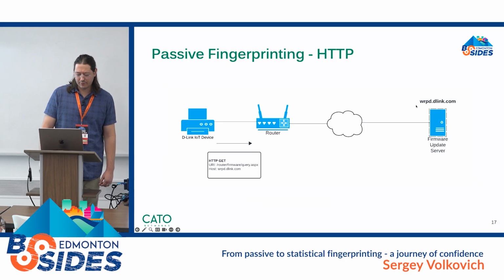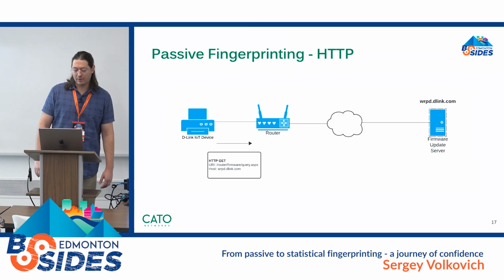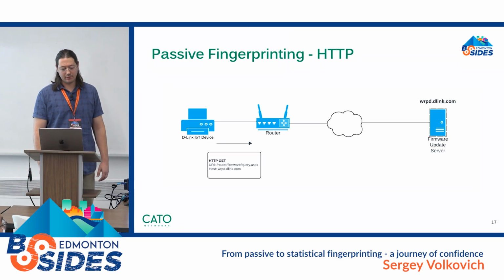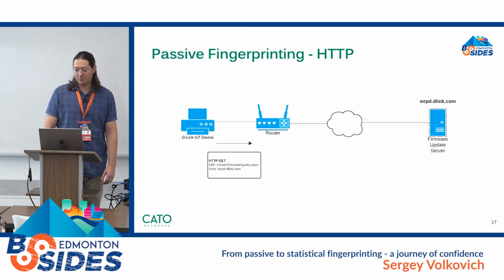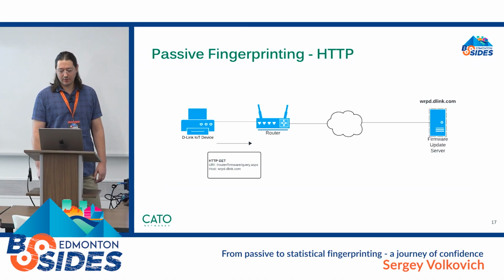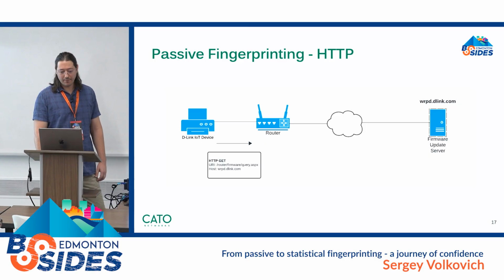Continuing with the application layer, HTTP is also a very common protocol used for the communication of IoT devices to their servers. This can be for firmware updates, getting time settings, all kinds of updates. So it's still very common to see IoTs using HTTP over the web.